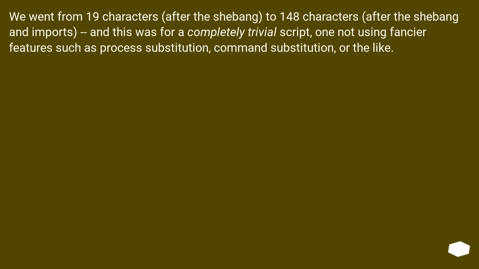We went from 19 characters after the shebang to 148 characters after the shebang, in imports, and this was for a completely trivial script, one not using fancier features such as process substitution, command substitution, or the like.